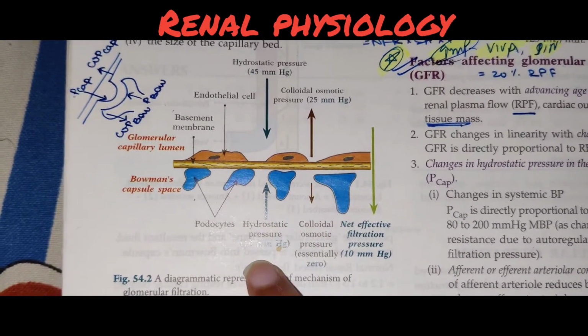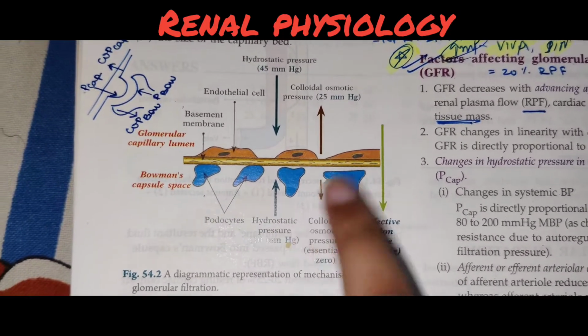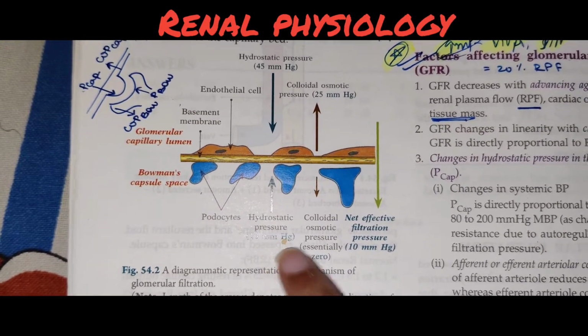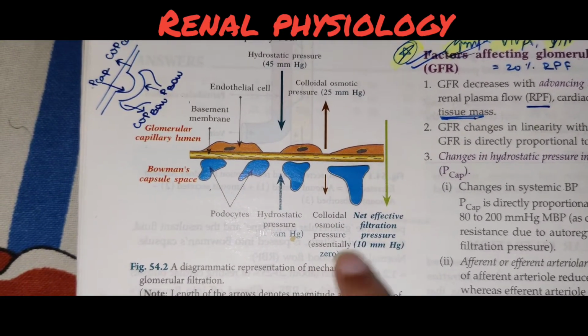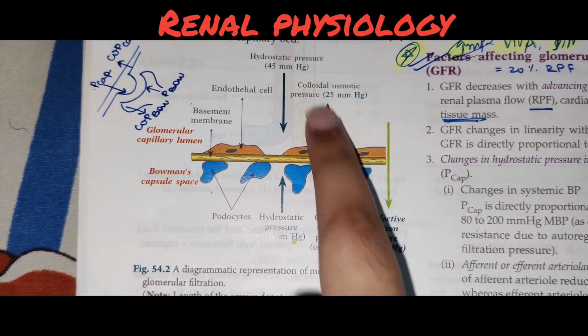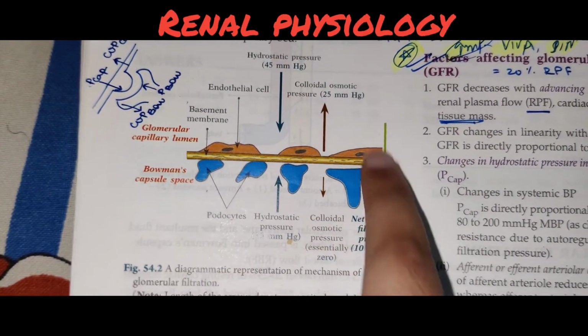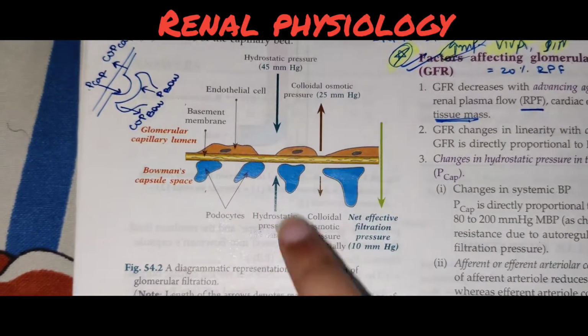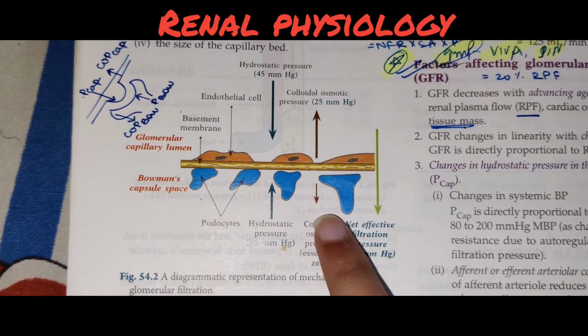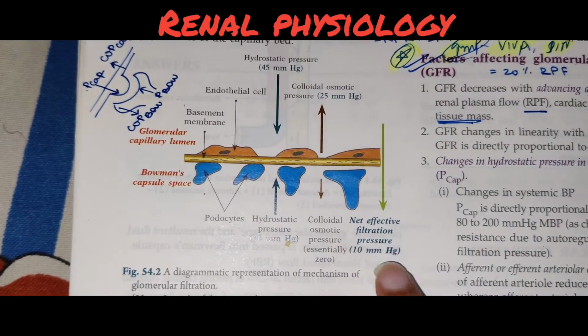On the other end, in the Bowman's capsule, there is fluid which exerts a hydrostatic pressure of 10 millimeters of mercury, and the colloidal osmotic pressure is 0 because no protein is filtered from the glomerulus to the Bowman's capsule. So we add the opposing pressures and subtract them.